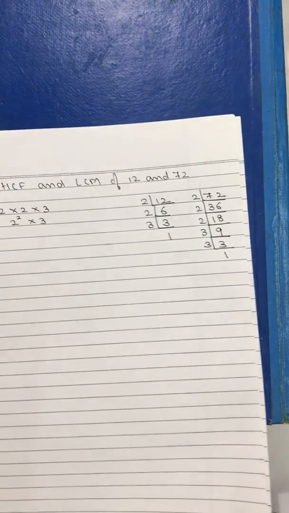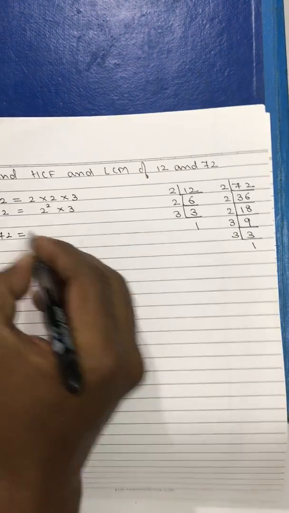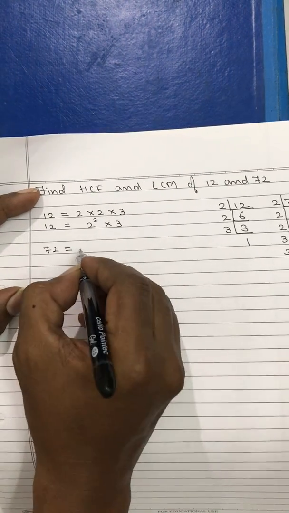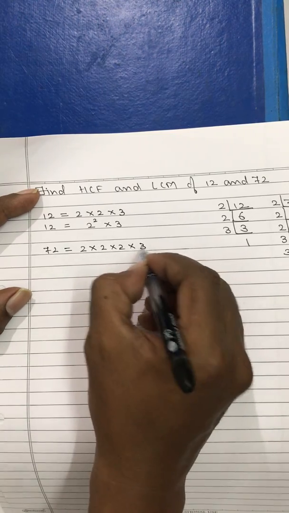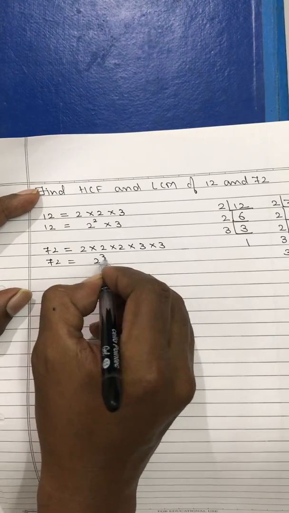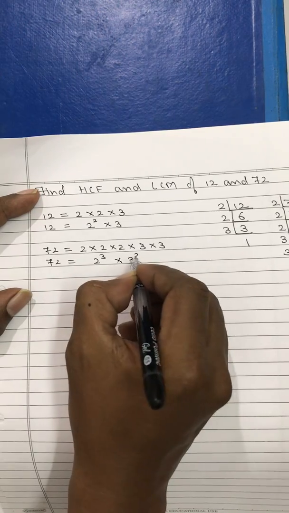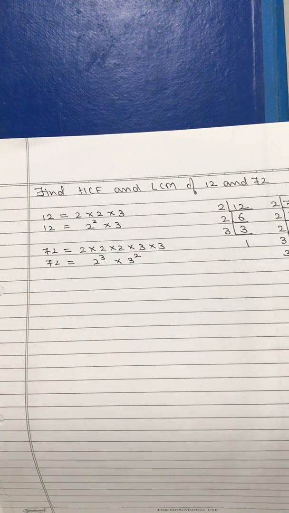So here if you'll see, it is 2 raised to the power of 3 and 3 raised to the power of 2. So it will be 2 into 2 into 2 into 3 into 3. So 72 is equal to 2 cube into 3 square. In this way we have got the factors of both the numbers 12 and 72.